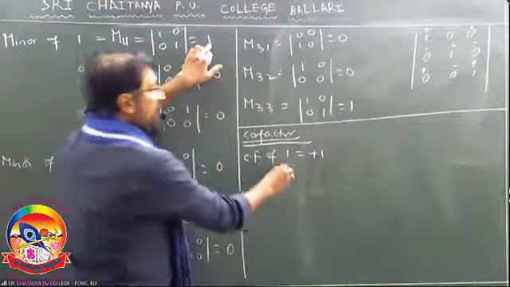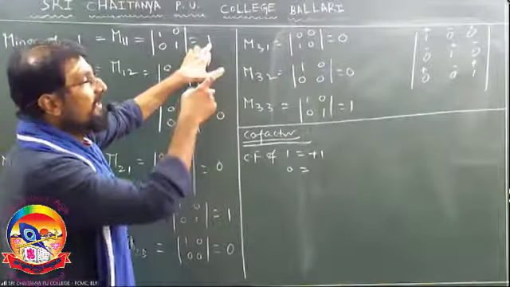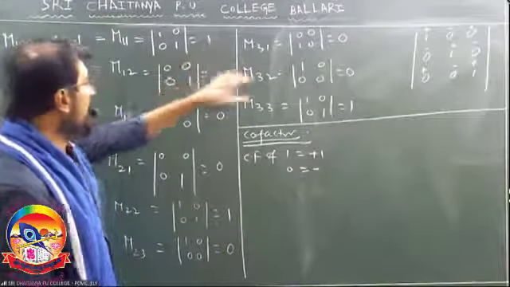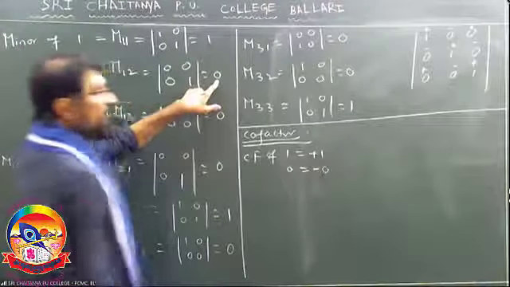And the second element, cofactor of 0 is equal to, what is the sign above that one? It is negative, right? Negative, into minor of that element, which is 0, obviously 0. Ignore it.